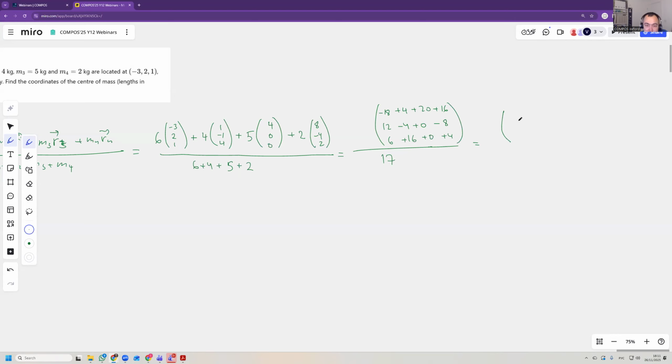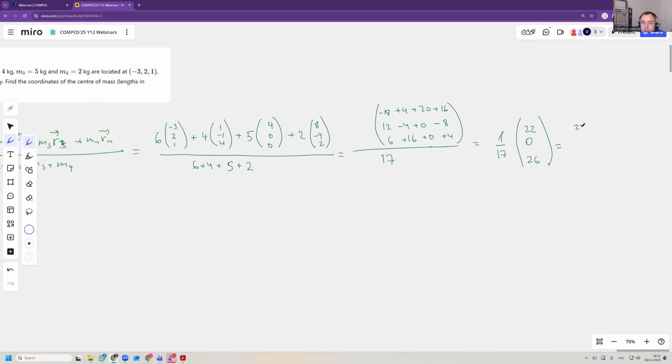That's 1/17 times the vector (22, 0, 26).